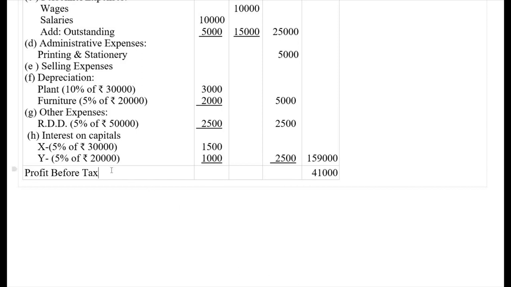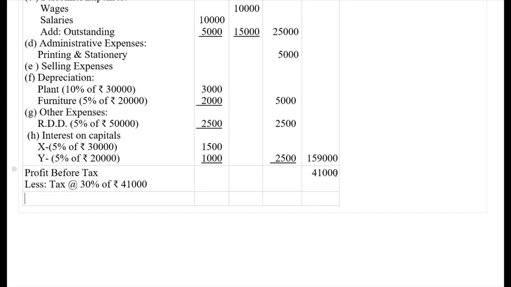Then from this we should deduct tax at the rate of 30% of rupees 41,000, which comes to rupees 12,300. So the difference here is profit after tax, that comes to rupees 28,700.